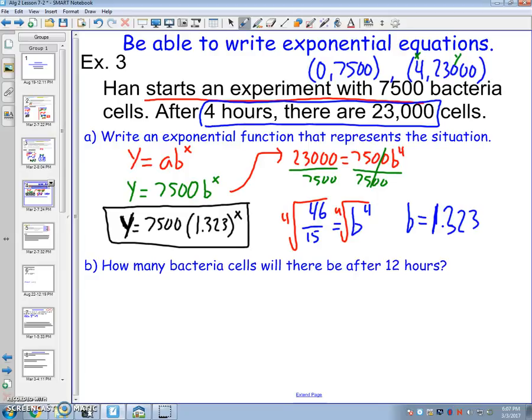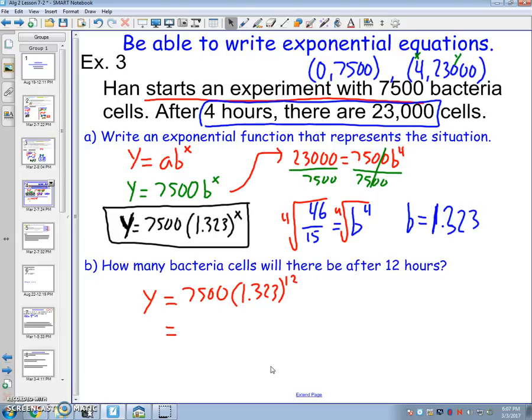And how many cells are there after 12 hours? Well, that's our time, t, or our x. Using our equation, let's plug in that time of 12. 7,500 times 1.323, 12 hours.